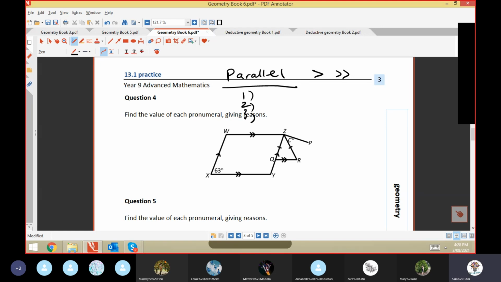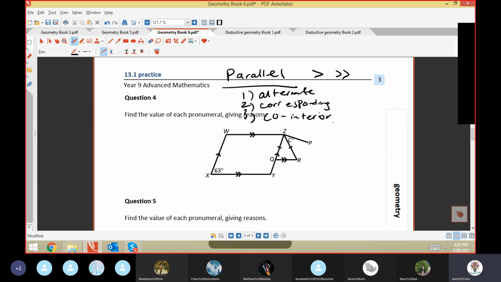What are the 3 things that you associate with parallel? Alternate, corresponding. You know the last one, Matt? Corresponding, alternate, and co-interior.